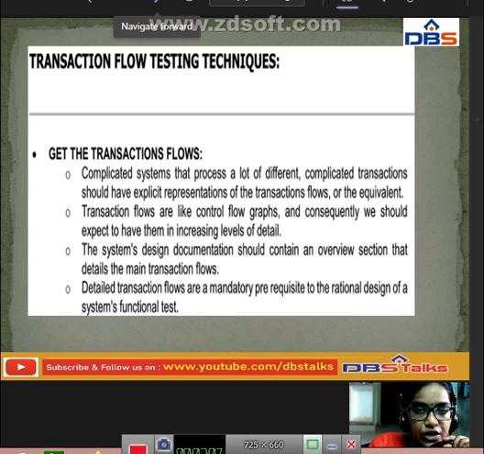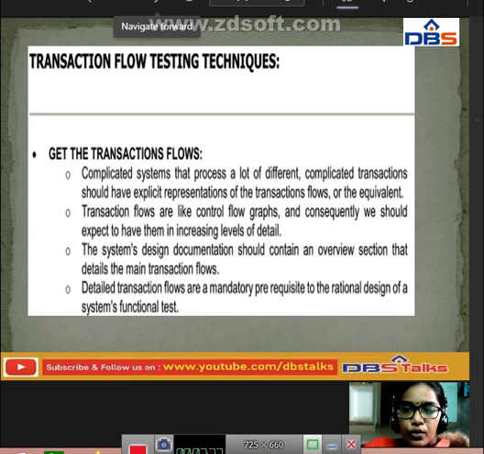Suppose we have some transaction flow. In order to show the transaction flow, we write flow graphs. To write those flow graphs, consequently we should expect and have them, and we should increase the levels in detail.